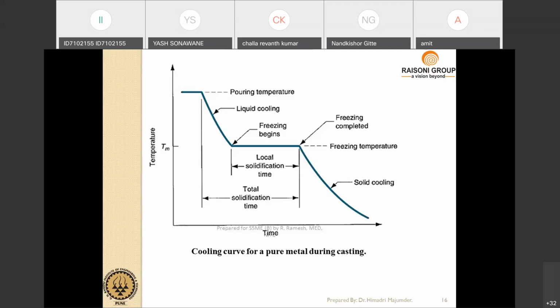When it gets solidified, we break the mold, or sometimes we just take out the solidified part.